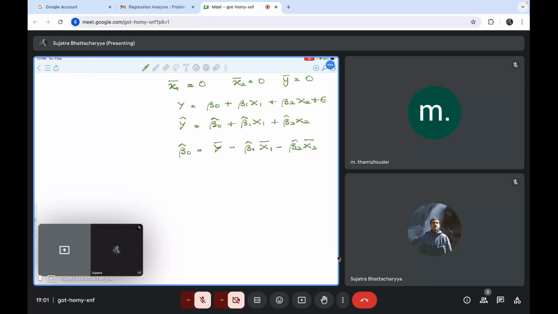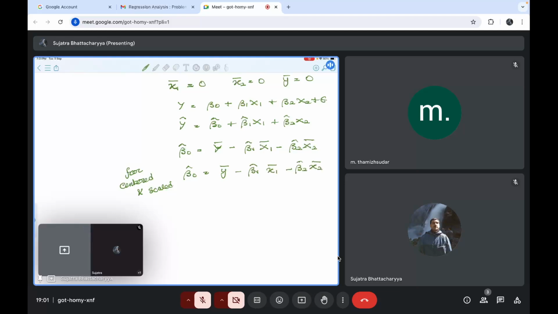Now, for this centered and scaled data, if you write beta naught hat, what will it be? Small y bar minus beta 1 hat x1 bar minus beta 2 hat x2 bar.